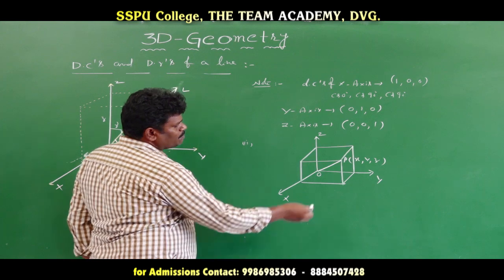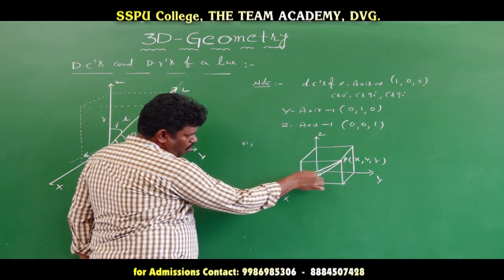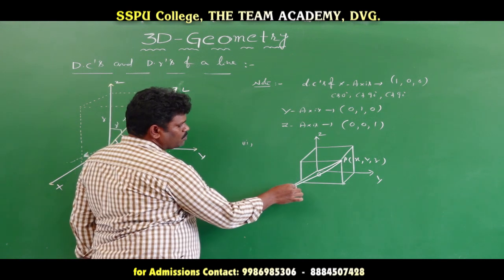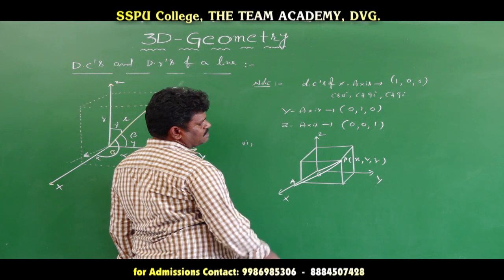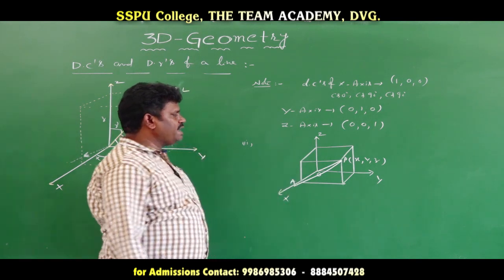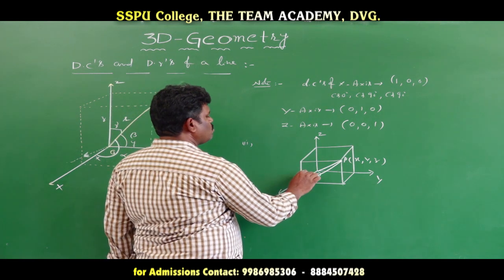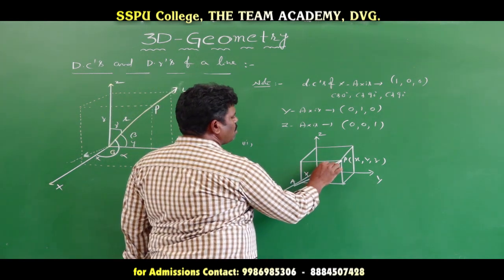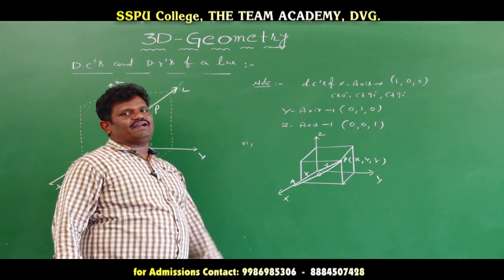Now if we draw a perpendicular from P on the x-axis, this is the point. So triangle POA. This is the x coordinate x1. From this diagram, we already discussed the same concept in vectors also.